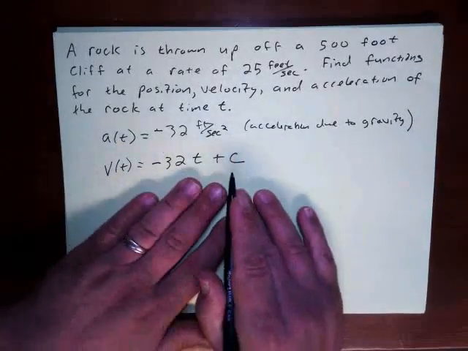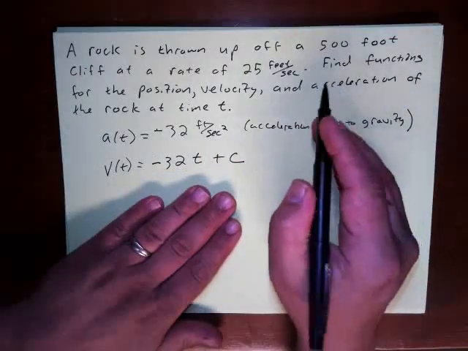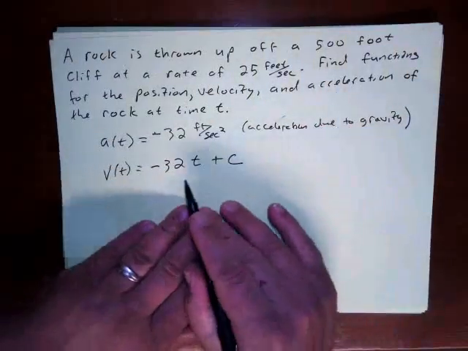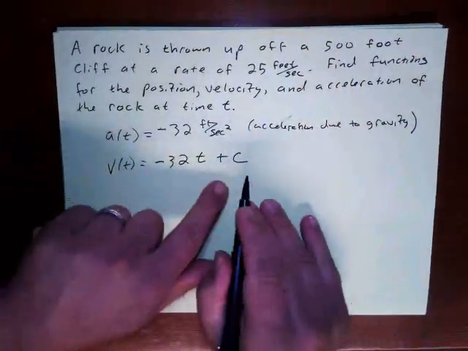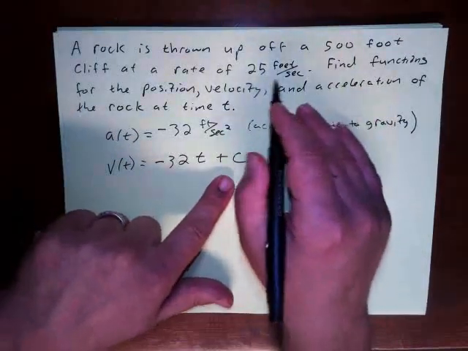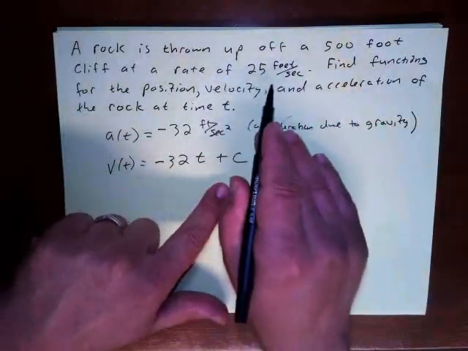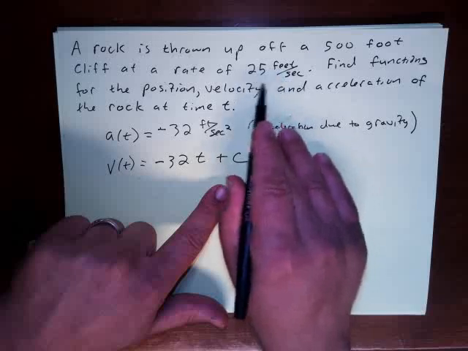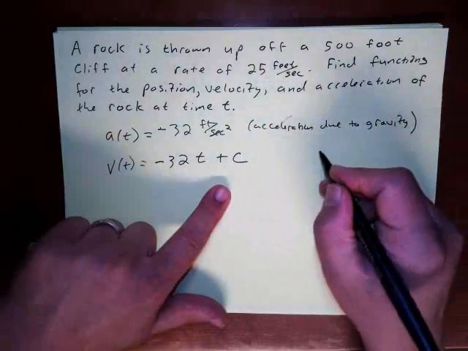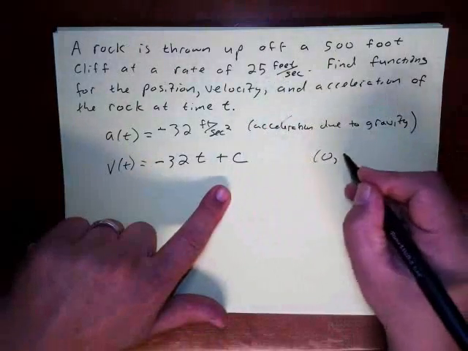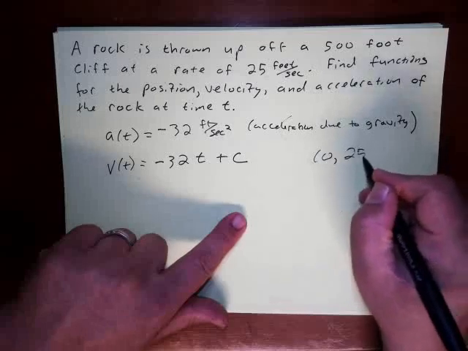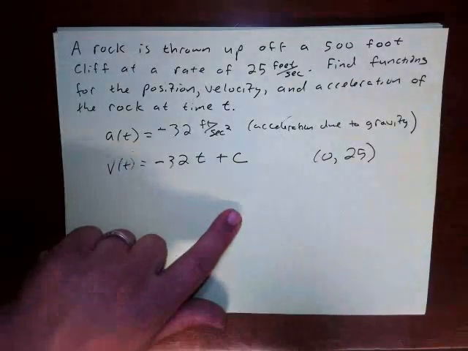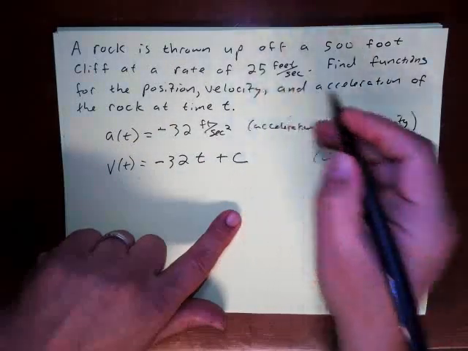To get the velocity function, we need to find the specific antiderivative that's going to go through the initial condition, where we're told here that the initial velocity, so the velocity at time 0, is a positive 25. Positive because you're throwing the rock up at this speed.